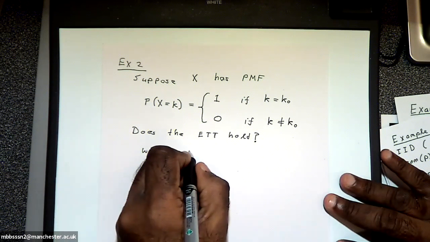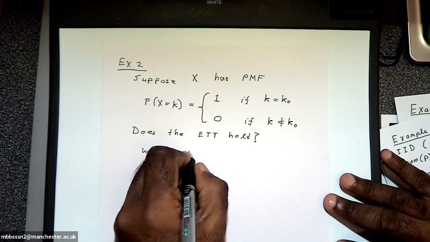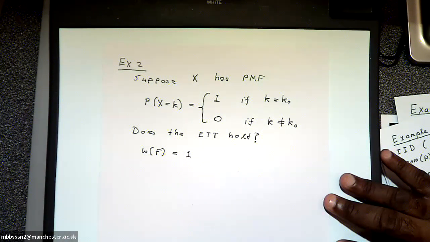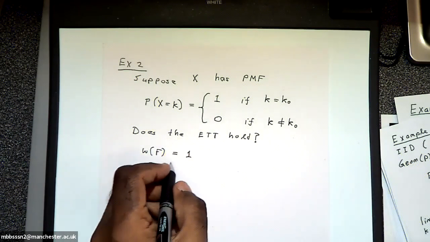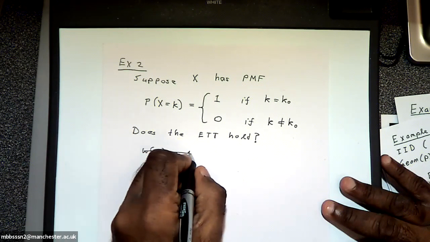It's 1, right? Because the values that the random variable can take. Sorry, it's not. Yeah, you're right. Sorry, I'm being stupid again.